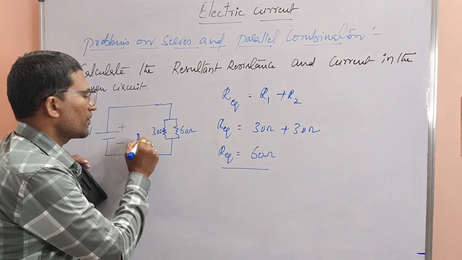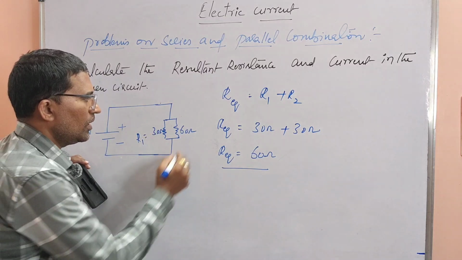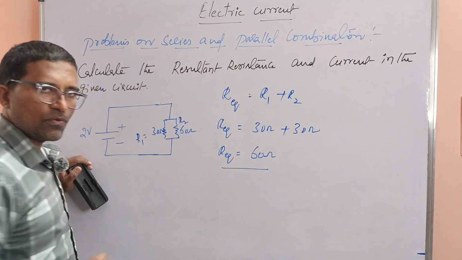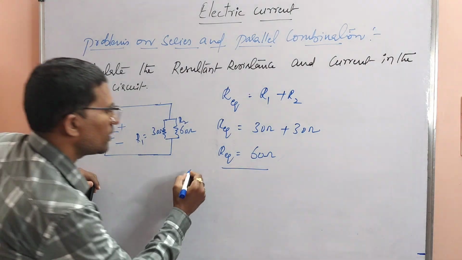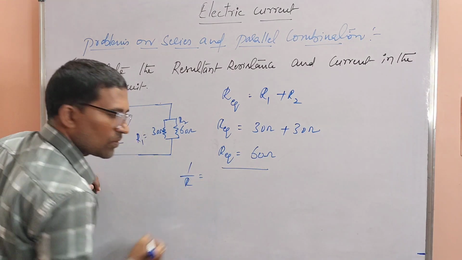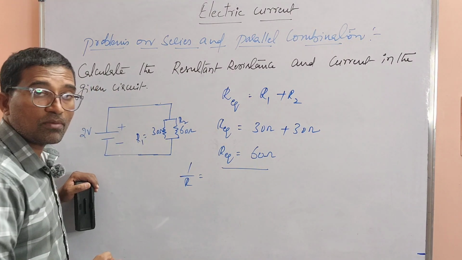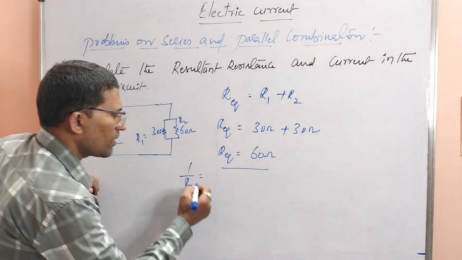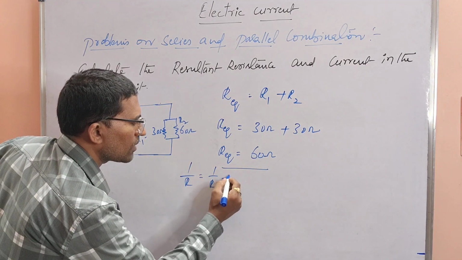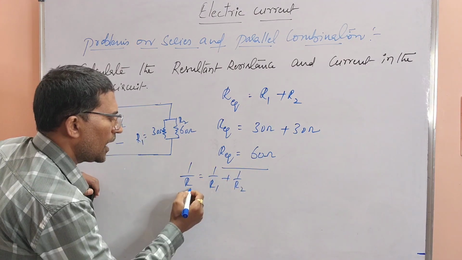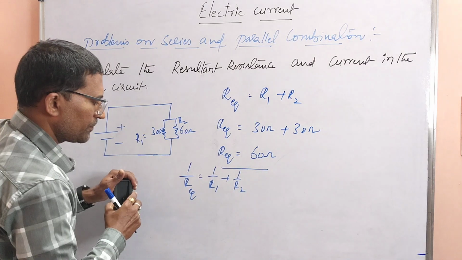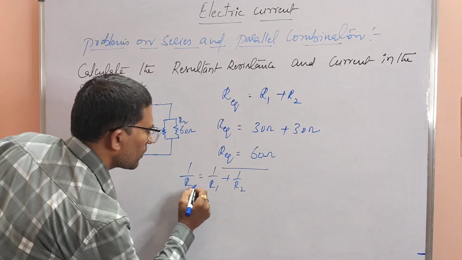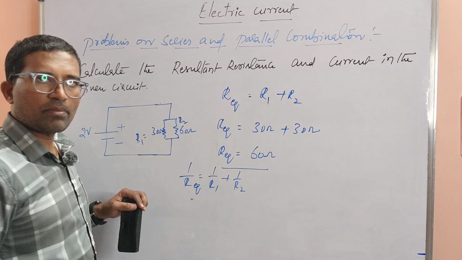Now consider R1 equal to 30 ohm and R2 equal to 60 ohm. These two are in parallel combination, so to find the equivalent resistance we use the parallel formula: 1 by R equivalent is equal to 1 by R1 plus 1 by R2.